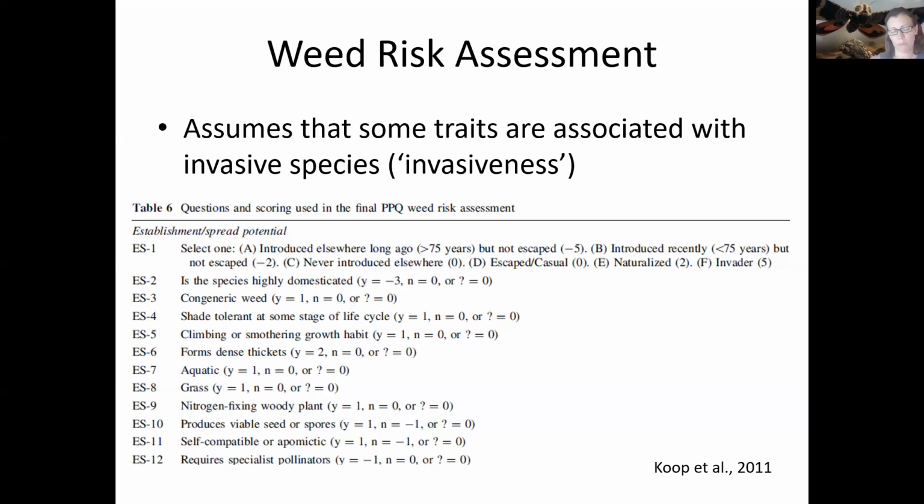Risk assessments really don't work for an unintentional pathway because we don't know what's coming, so there's no way to evaluate it, and people aren't introducing them deliberately, so there's no importer we could go to and say, let's do this assessment on that species.